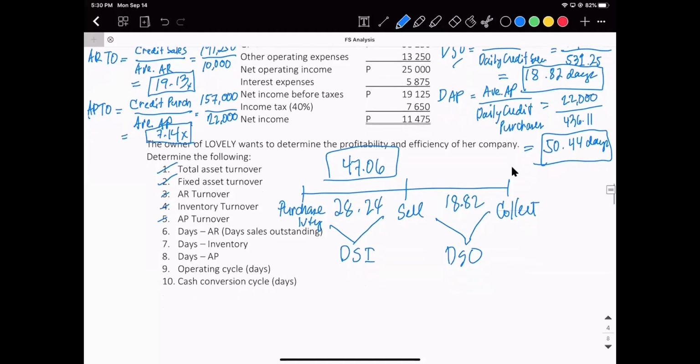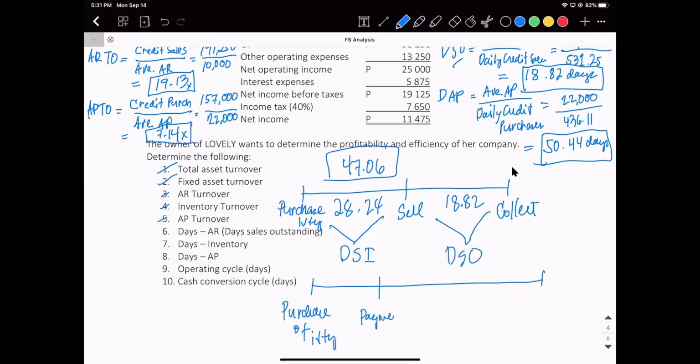So, for cash conversion cycle, we are not going to start in the purchase of inventory. Hindi dito sa purchase of inventory. But rather, dun sa payment. Kasi cash na yung pinag-uusapan.